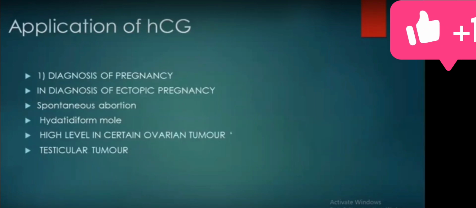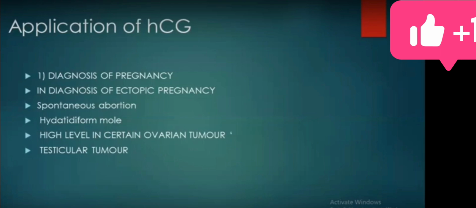We can also apply serum HCG, especially in diagnosis of pregnancy, as already mentioned, and also in diagnosis of ectopic pregnancy. If the serum beta HCG is positive and this value gets doubled every 48 hours, then we do a USG evaluation. If no gestational sac is seen inside the uterus... This is a normal uterus, and usually the embryo gets implanted here. When you do a USG, you can see a gestational sac here.